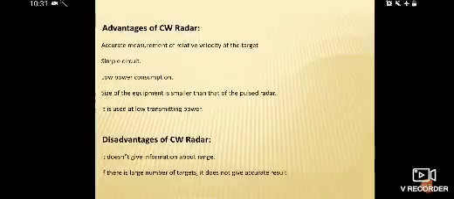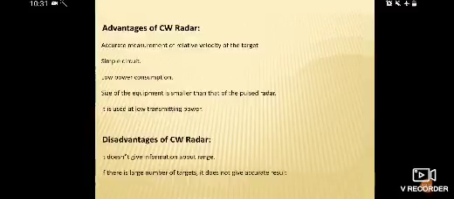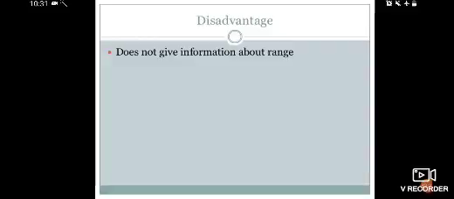So this is about our modified CW radar and the simple block diagram of CW radars, and we have done a number of quizzes based on the radars, and also based on the antennas.